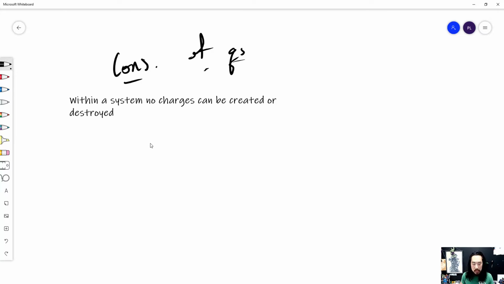So what this means is, let's say that we have an object, and this object has both positive charges and negative charges. Now, I know I just drew two of them, but I'm just going to write it down here that for positive, let's say we have 10 coulombs of positive charges, and we'll have negative 10 coulombs of the negative charges.